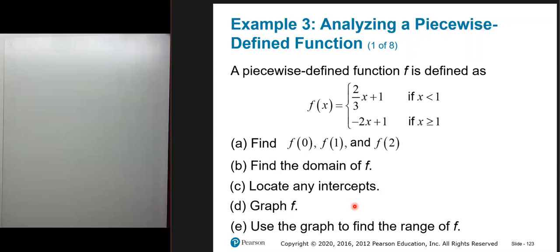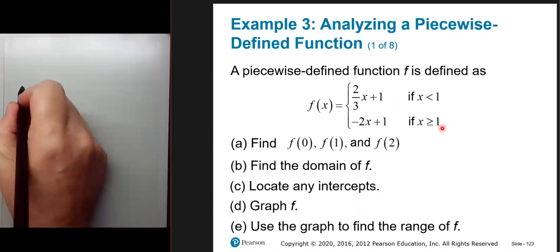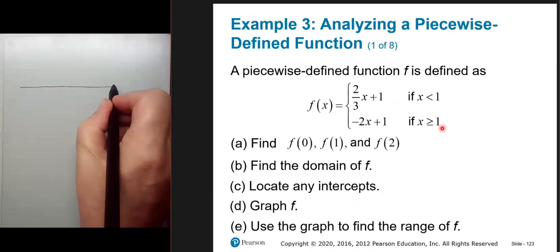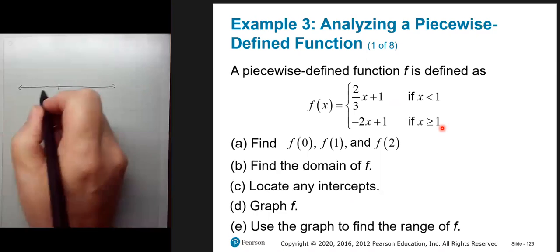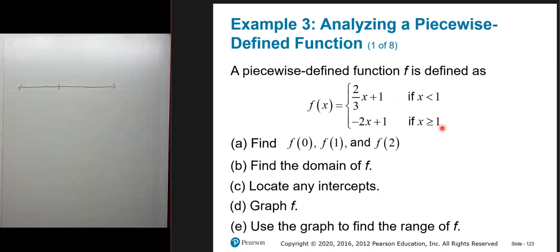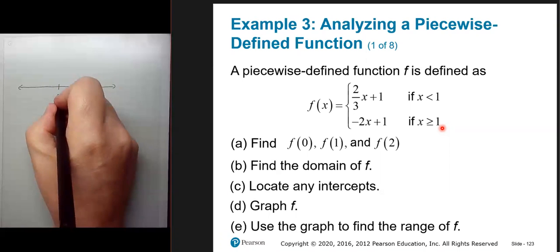Piecewise functions are called piecewise because the domain has been broken into pieces. So here my domain has been divided into 2 pieces. And I like to look at them on a number line. So I have my dividing point, and each of the 2 pieces has an endpoint, and that endpoint is the same x value.